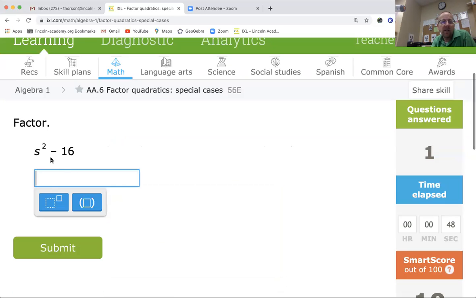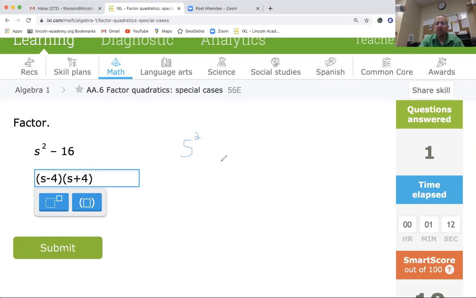And then this one is the difference. And that's because those two middle terms cancel out, right? You'd have an s minus 4 and an s plus 4. And think about what the two middle terms would be if I was to actually multiply those back together. s times s is s squared.